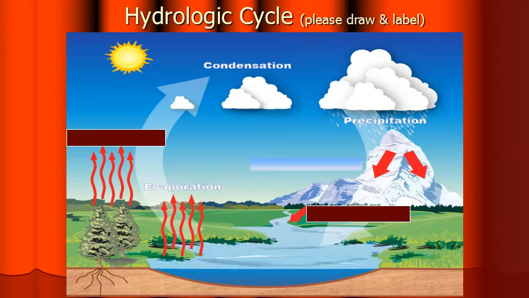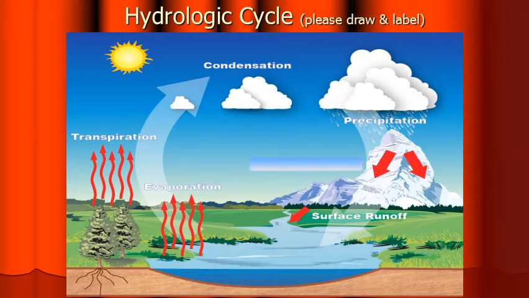We have precipitation when those water droplets get too heavy and start to fall to the ground. And then we have surface runoff, which is the water forming rivers and streams and running off into lakes and eventually into the ocean. And we have what's called transpiration.